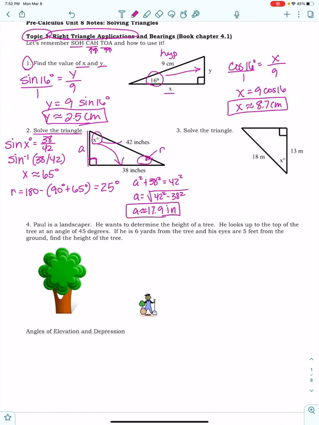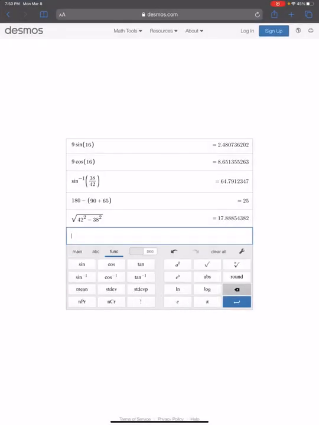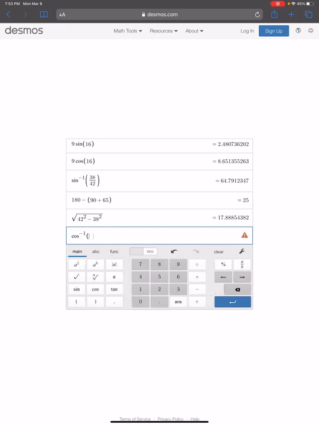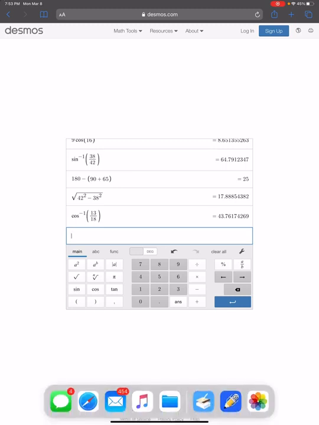All right, so now we're going to do the same thing with number 3. So we've got x right here. This is the adjacent side, this is hypotenuse, so cosine x equals adjacent over hypotenuse. So I've got cosine inverse of 13 divided by 18. And we get 43.7, or yeah, 43.8. But that's a degree measure, so I'm just going to round it to 44.